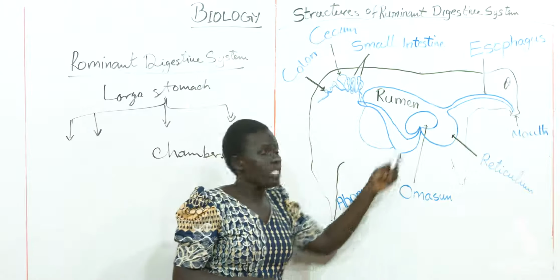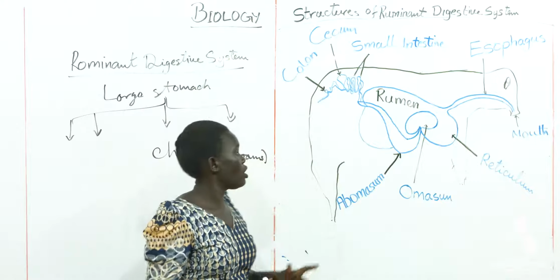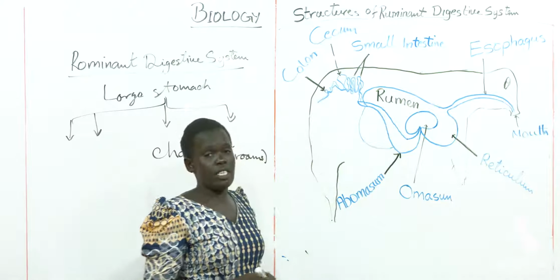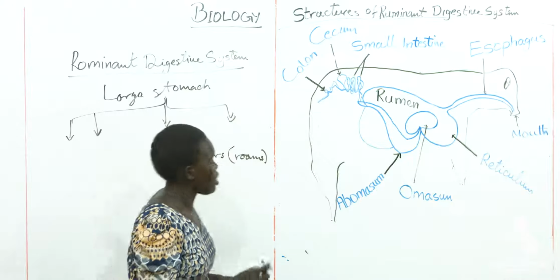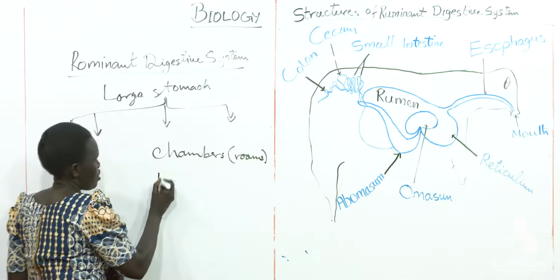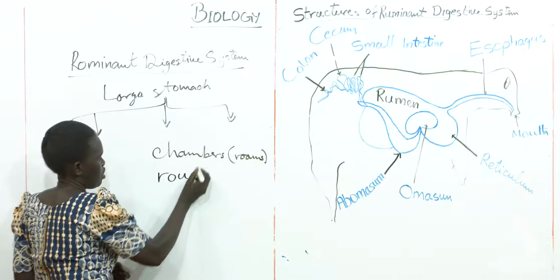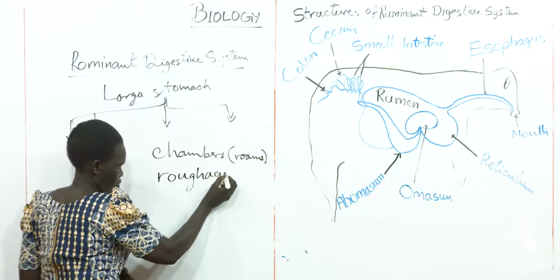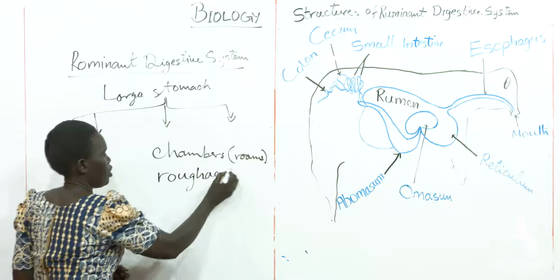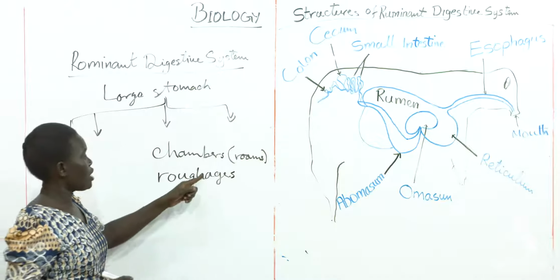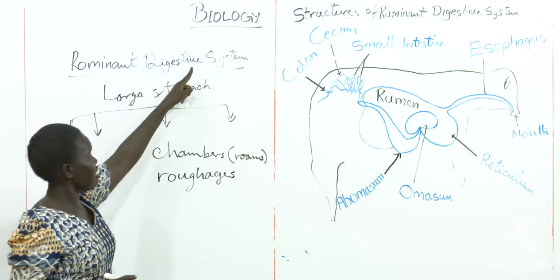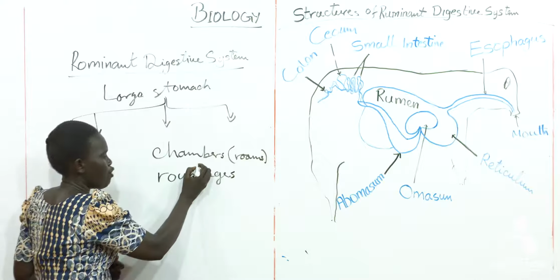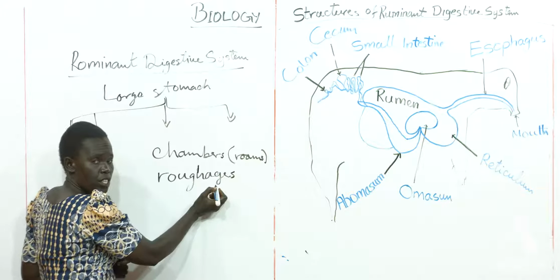Animals with this type of digestive system feed on roughage.